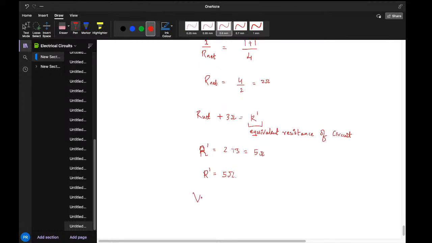So the voltage across the inductor is going to be the input voltage divided by the net resistance, multiplied by R net. If you're wondering how this has come over here, this is due to voltage divider rule.